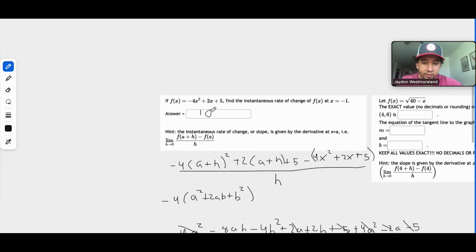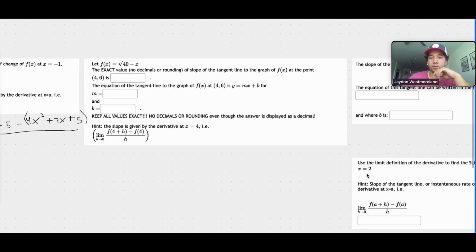Okay, so let f of x equal the square root of 40 minus x. And then we're going to have to make a line as well. Okay, so the idea is the exact same thing here, right?